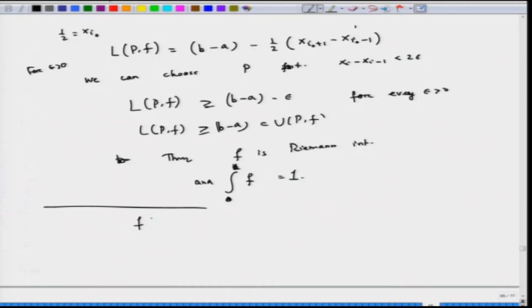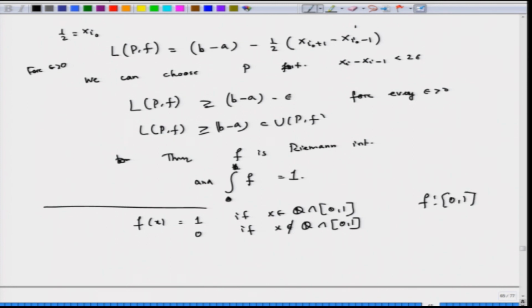For example, consider f of x equal to 1 if x belongs to the rationals in [0,1], and 0 if x is not rational, intersection [0,1]. This is a function we have defined from [0,1] to R. Now, this is a bounded function.